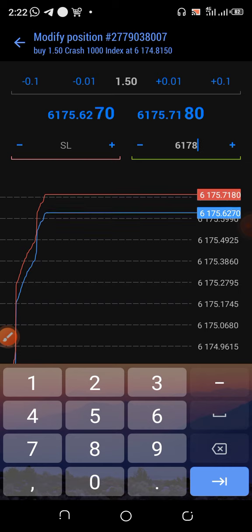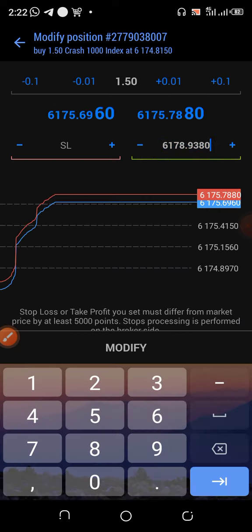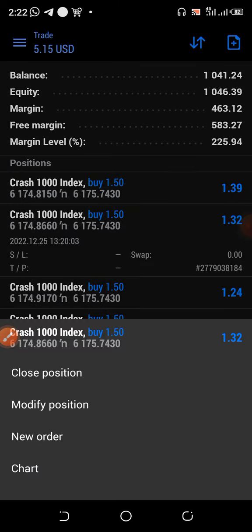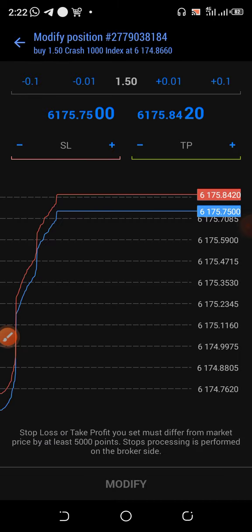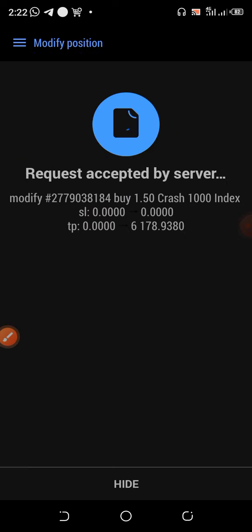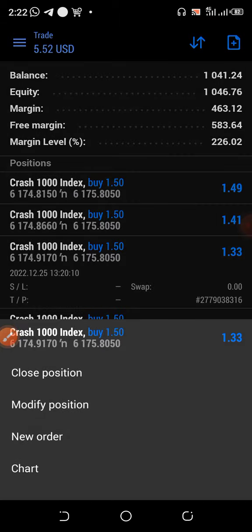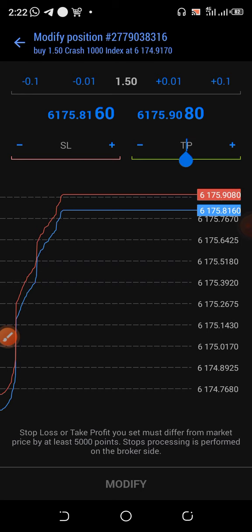Let me just use that 1.93. All right, modify. That is my TP, so that while I'm talking it will not affect me, so that when it gets there, it will just cross. Modify.